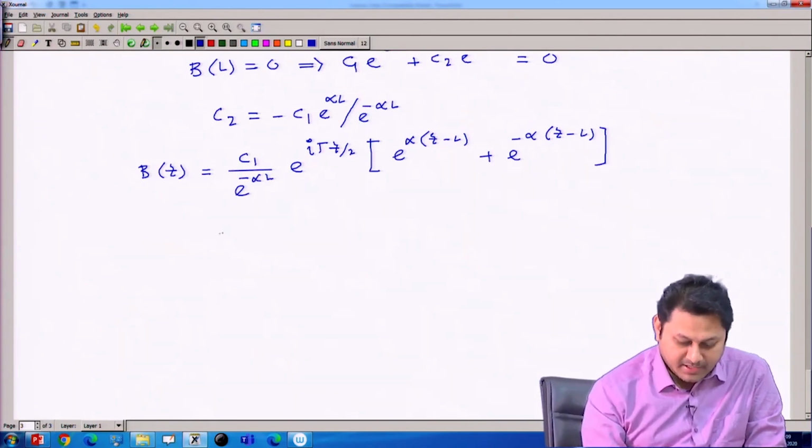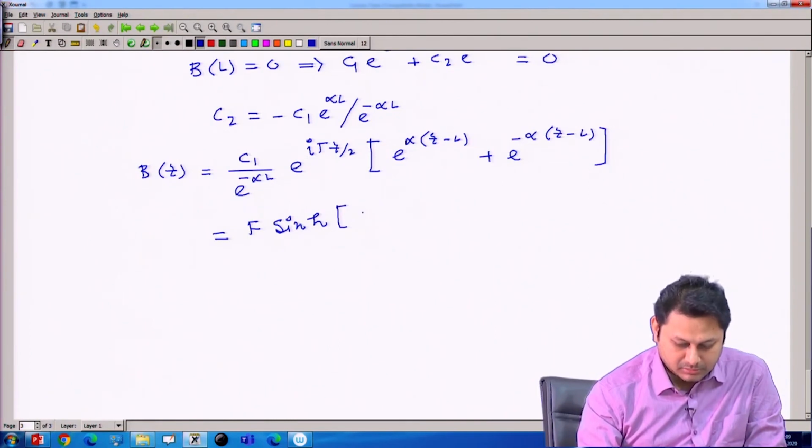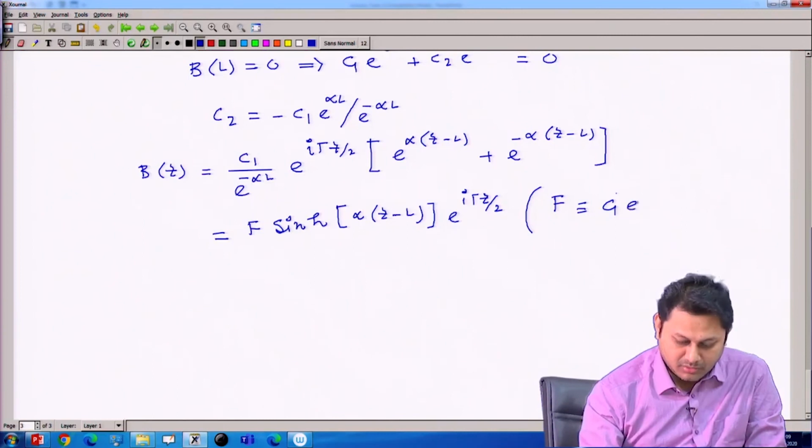This thing I can write as f sinh(alpha (z minus L)) into e to the power of i gamma z divided by 2, where f is another constant which I can write as C1 e to the power of minus alpha L.